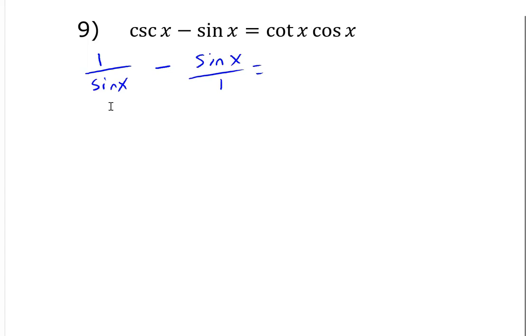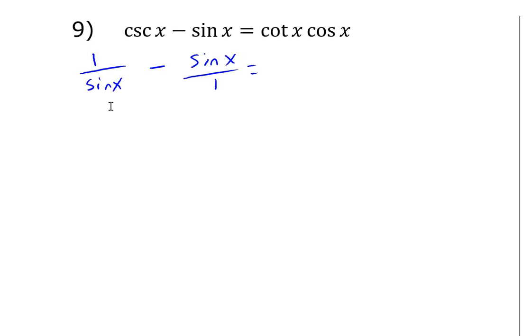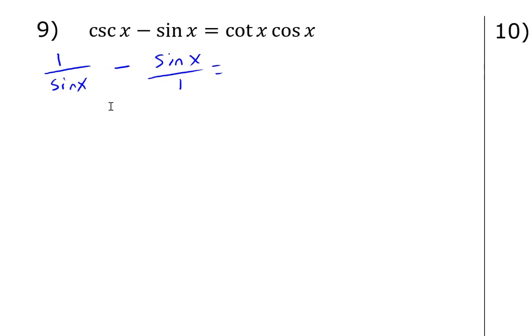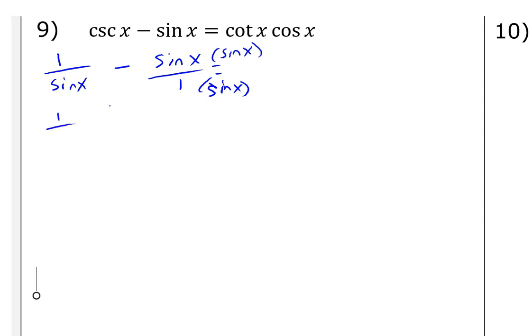Now, like denominators, that's what it would take to be able to put these together. So if I want to have like denominators, I'm going to need sine x. That's only going to be legal if I multiply the numerator by sine x as well. So now I have 1 over sine x minus sine squared x over sine x.